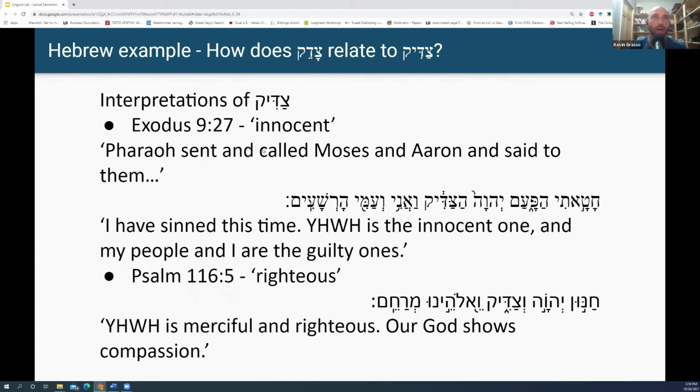Okay. But then in Psalm 116:5, we have a different kind of context. Hanun Adonai v'tzadik ve'Eloheinu merachem. Adonai is merciful and righteous. Our God shows compassion. So this is the kind of context where you find the adjective and you don't find the verb. It's talking about a property of Yahweh that holds just throughout time.